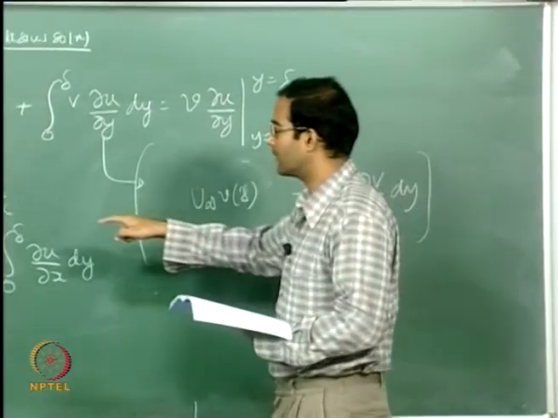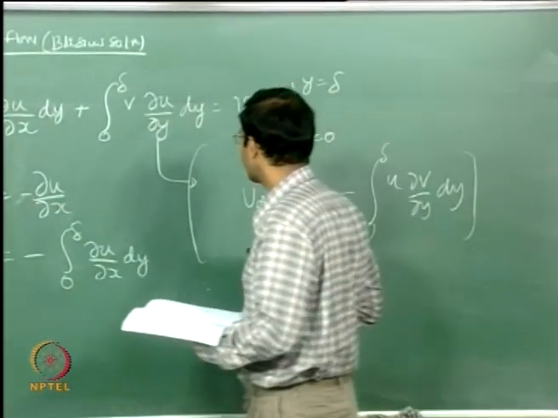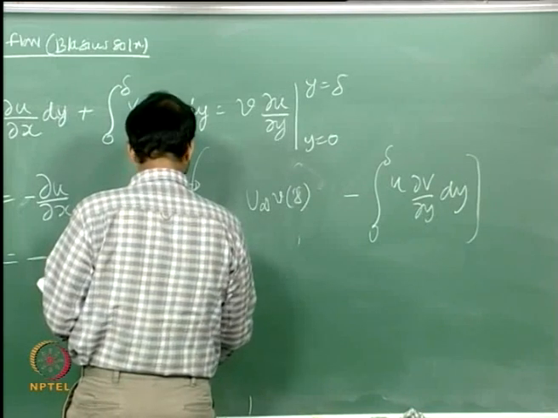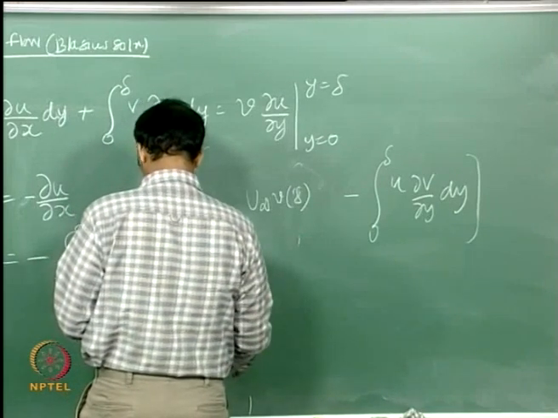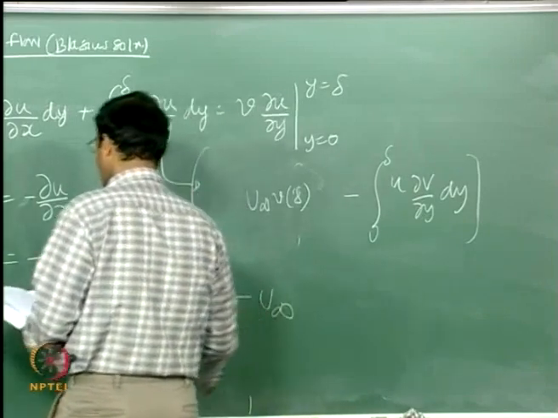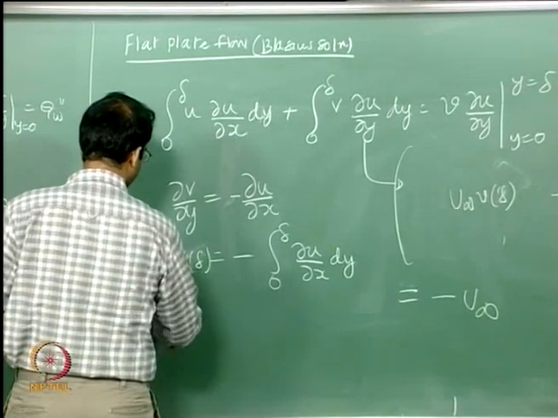From continuity I know dv by dy can be written in terms of du by dx. So this can be further written as minus u infinity, where v at delta is this right here.